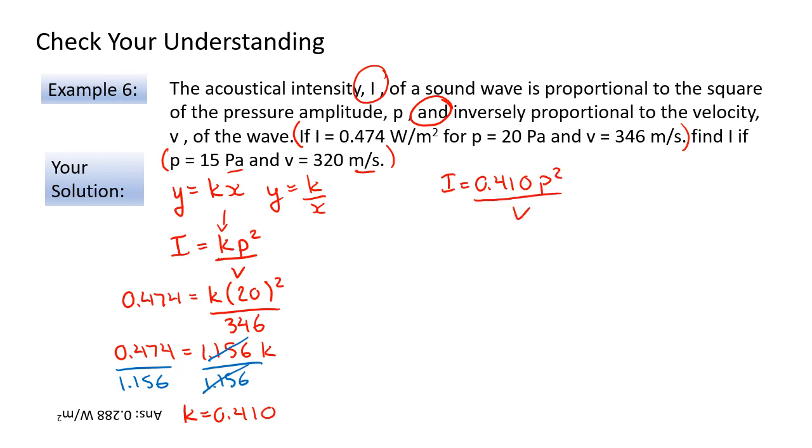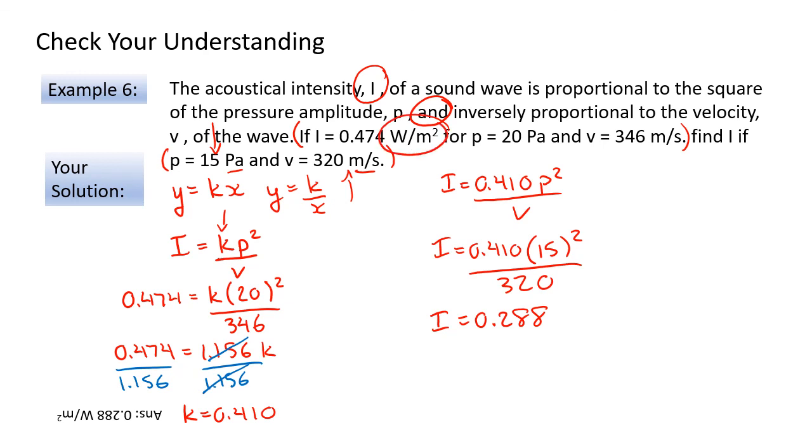And we have a new data set, 15 pascals and 320 meters per second. So we can solve for our new value of I. I is equal to 0.410 multiplied by 15 squared divided by the velocity, 320 meters per second. If you solve this, you get I is equal to 0.288. And again, our units didn't change.